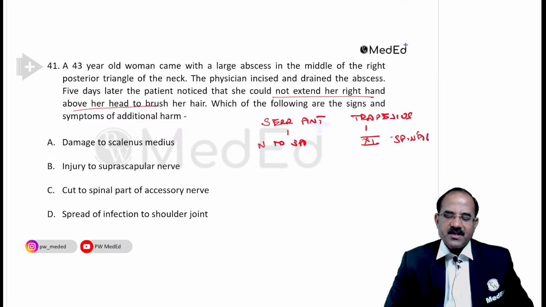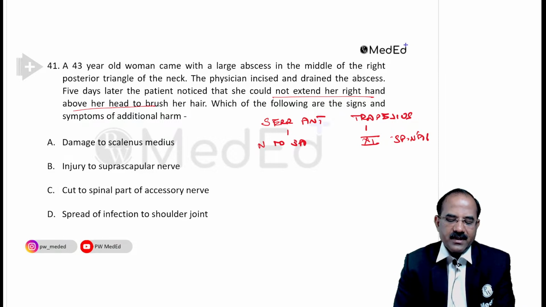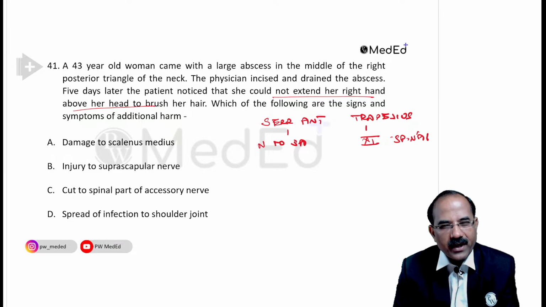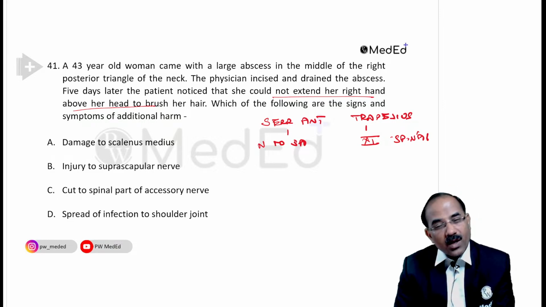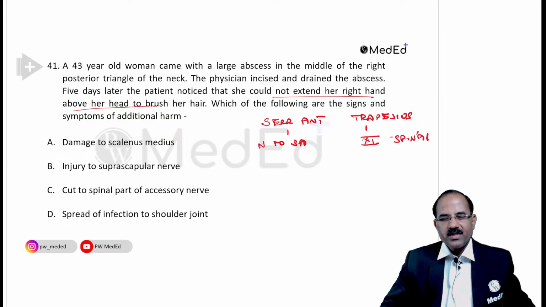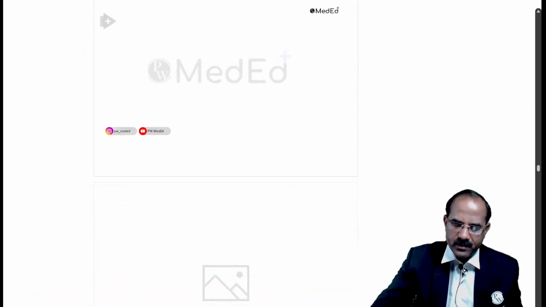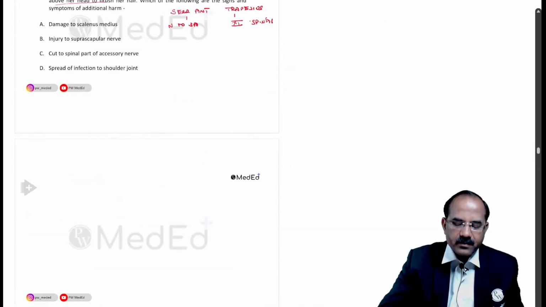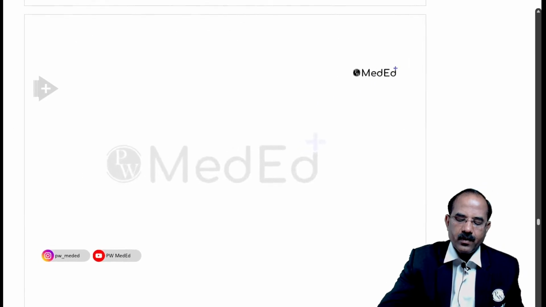Okay. So, which of the following are the signs and symptoms of this injury? That means in the posterior triangle of the neck, what are the contents of the posterior triangle? Have a look at it. I'll just draw this for you.